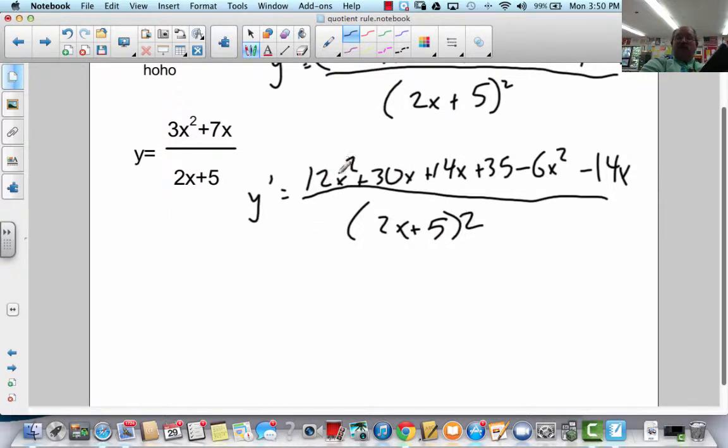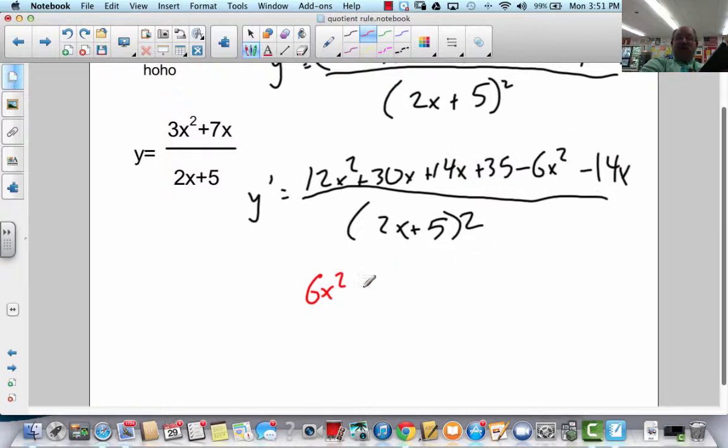Let's gather up what we have here. 12x squared minus 6x squared turns out to be 6x squared. 30x plus 14x is 44x. Oops, wait, hold on. Let's undo that. So 6x squared. I got 30 plus 14 is 44, minus 14 more.